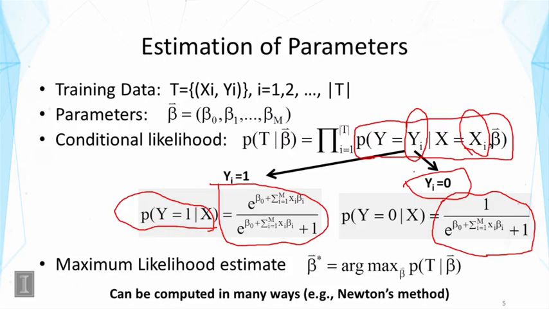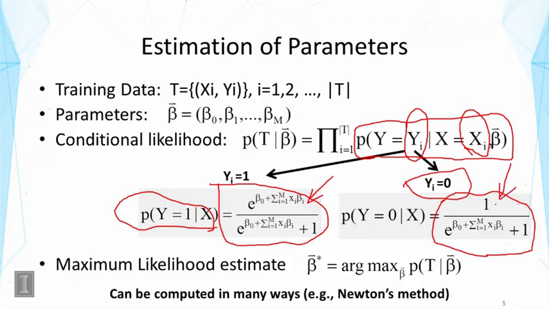And if you think about when we want to maximize this probability, we're basically going to want this probability to be as high as possible when the label is 1. That means the document is in topic 1. But if the document is not, we're going to maximize this value.